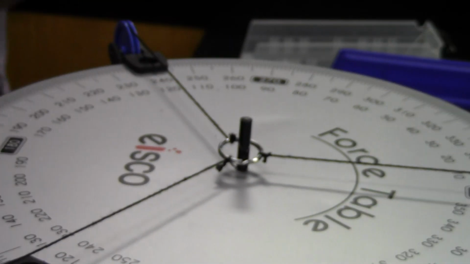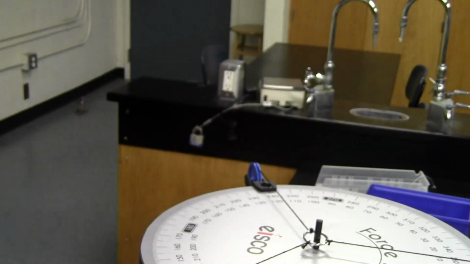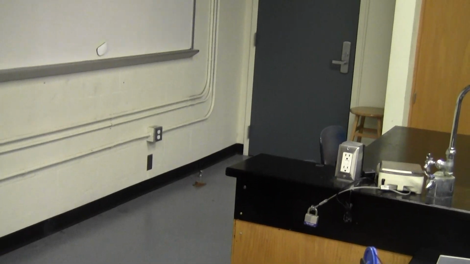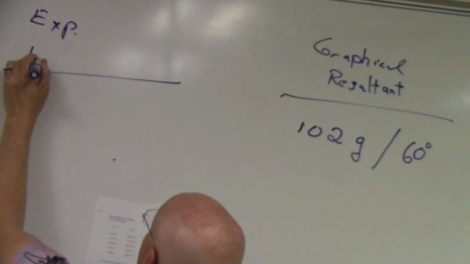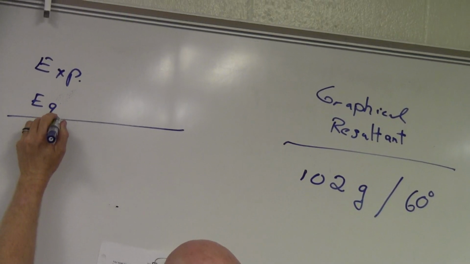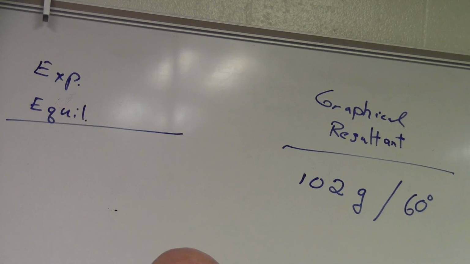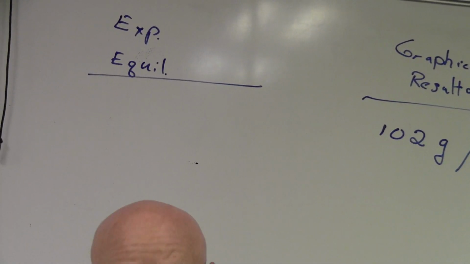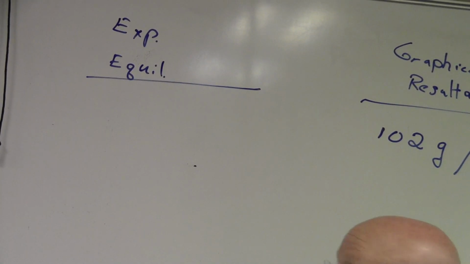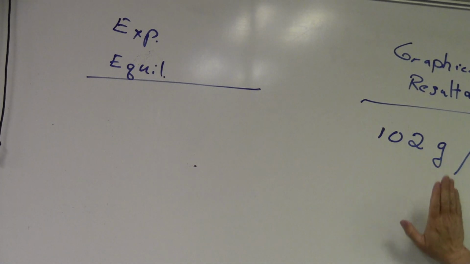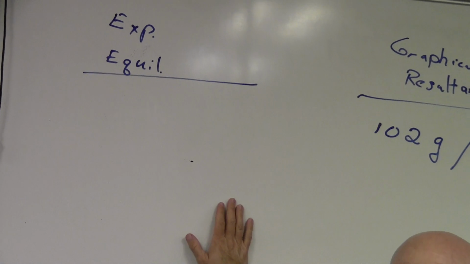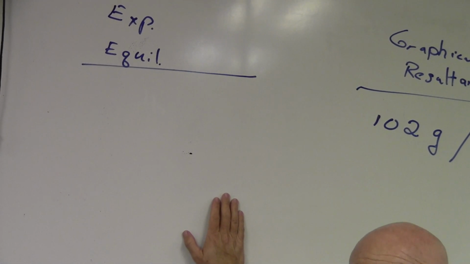And so on my graph paper, or on my lab paper, you will see that it says here, when you actually do the experiment, what is your experimental equilibriant? You will hopefully find that running the experiment and drawing the pictures give you the same thing.